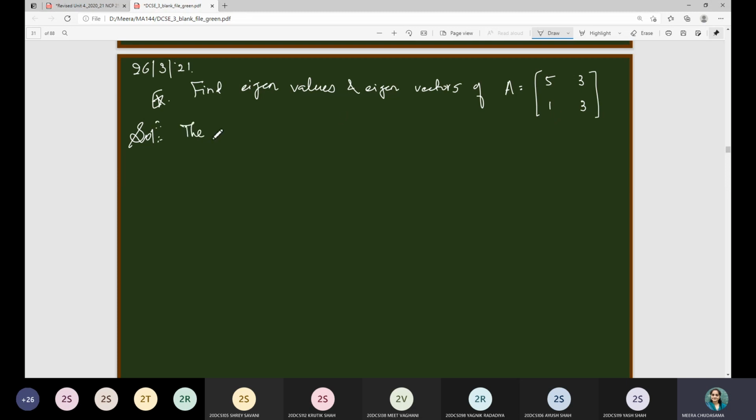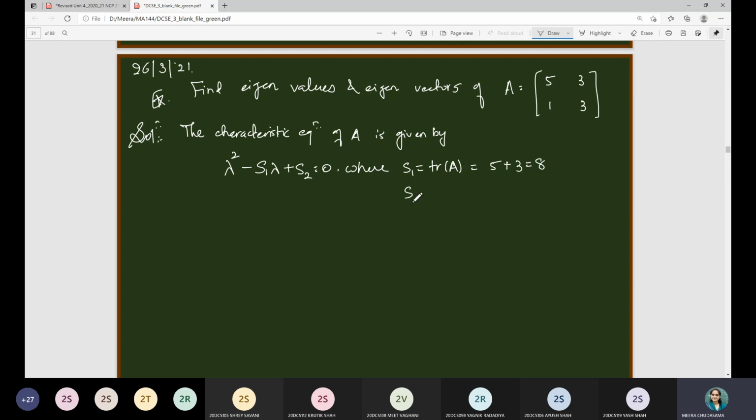So in this case I can write the characteristic equation of A. Since it is a 2 cross 2 matrix, the left hand side of the equation will start with lambda square minus S1 lambda plus S2 is equal to 0, where S1 is nothing but the trace of A, and in this case it is 5 plus 3, sum of the diagonal elements, that means 8, and S2 that is the determinant of A, and in this case it is 15 minus 3, that is 12.